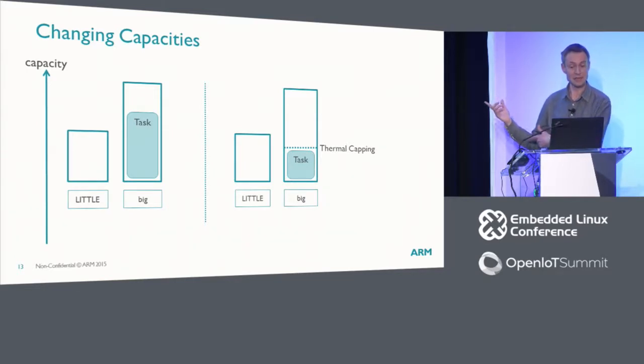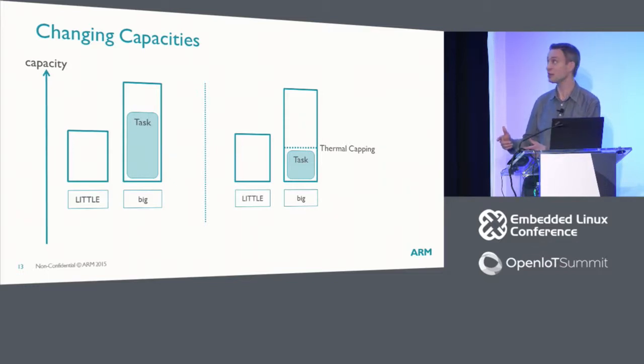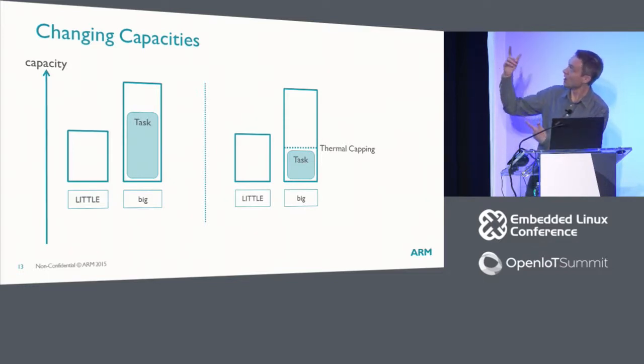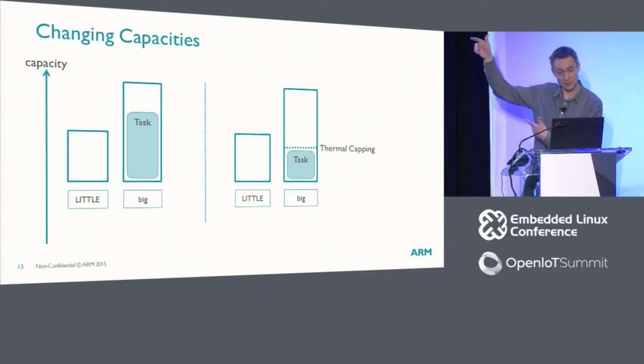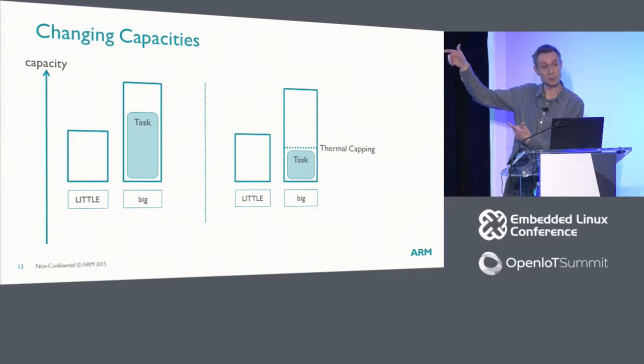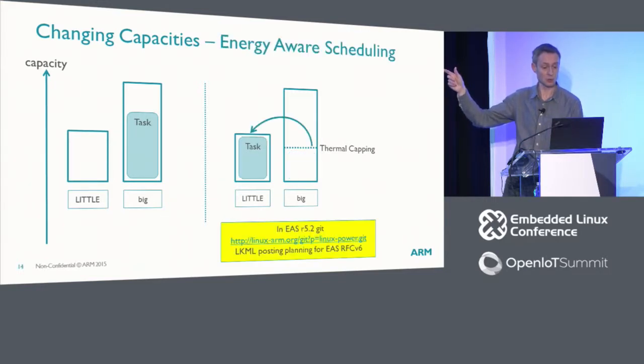Right, and we're introducing some support for capacities, so changing capacities on the big and little CPUs. So actually this is coming in as part of our work on energy-aware scheduling. So what happens is as you get capping in the system, it's possible that you could reduce the operating point of the big cores such that actually the little cores offer higher performance. And so in that case, what you want to do is kind of migrate tasks to the little cores.